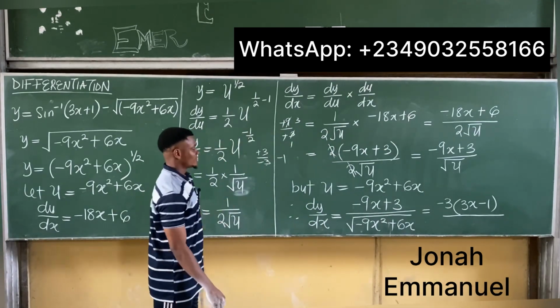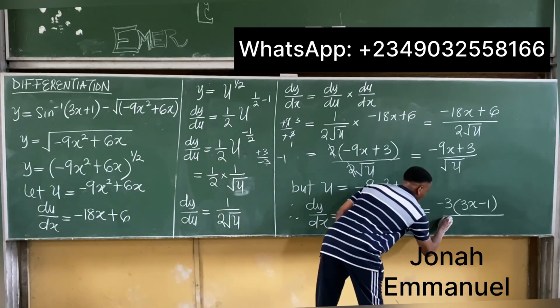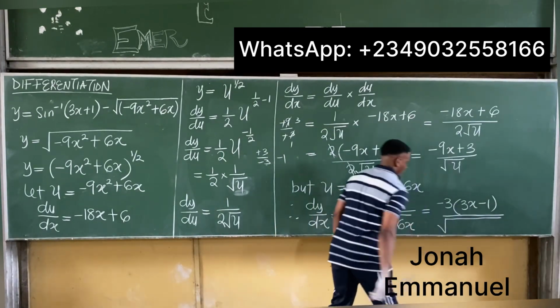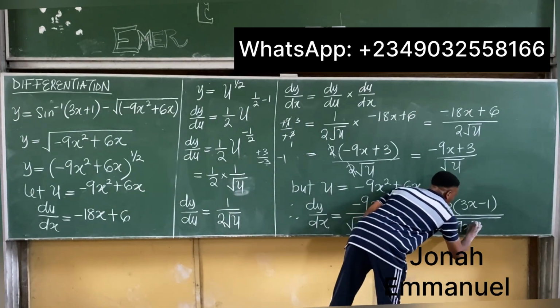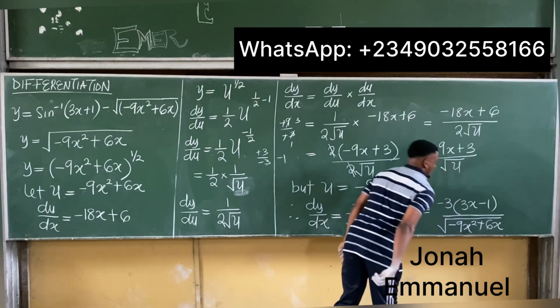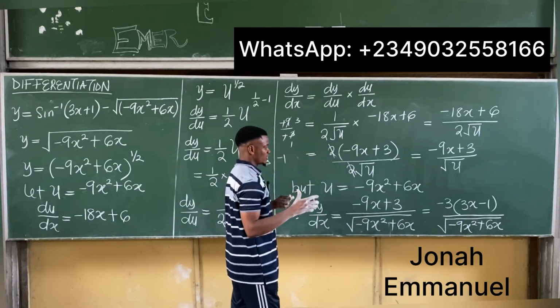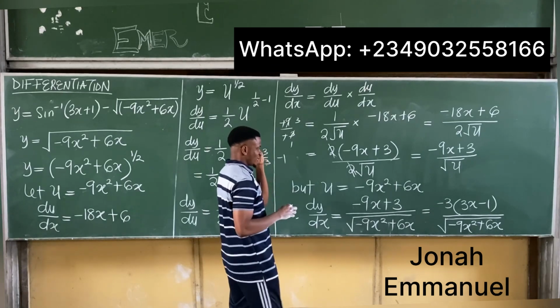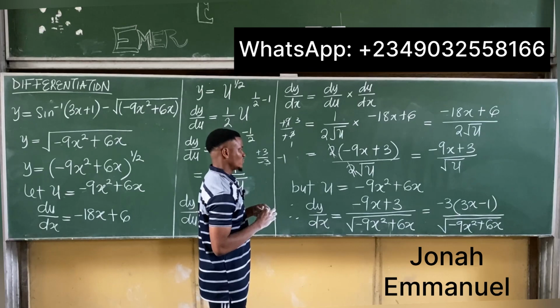You can choose to still simplify this one too. All right, so this gives you the square root of minus 9x squared plus 6x. So I have this on simplification. The question said we should simplify as far as possible.